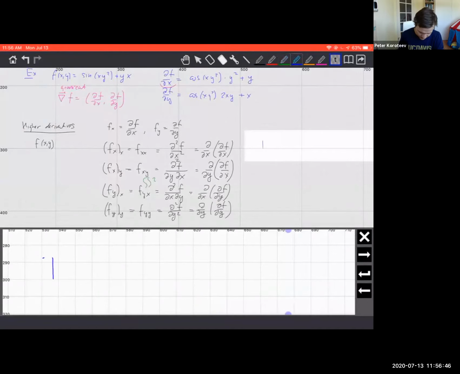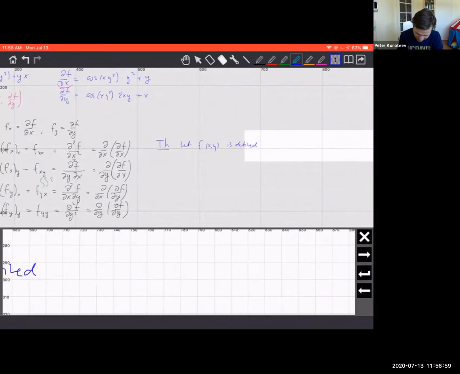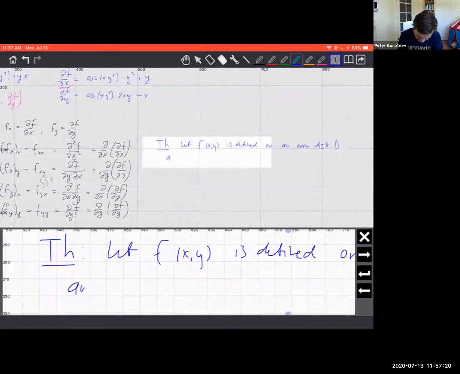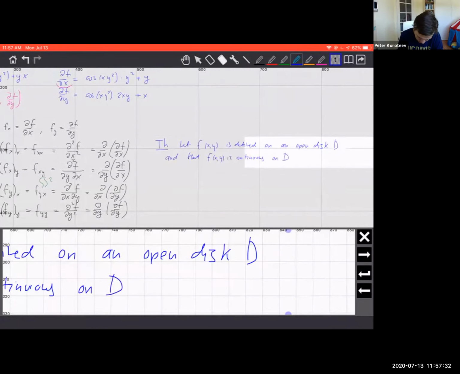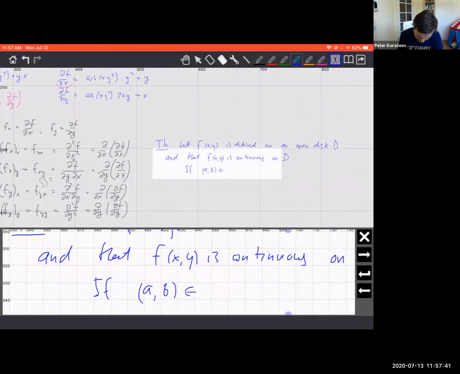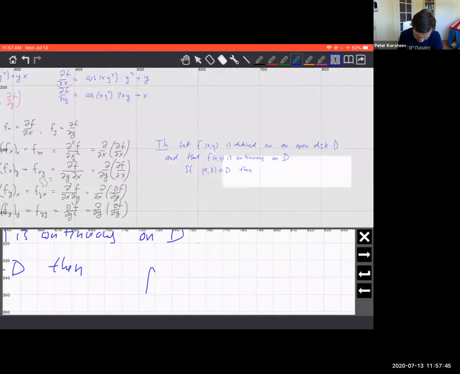There's a theorem which says that suppose that function f is defined on an open disk, let's call it D, and that f is continuous on D. And if the point (a, b) belongs to D, then the second derivatives are the same.